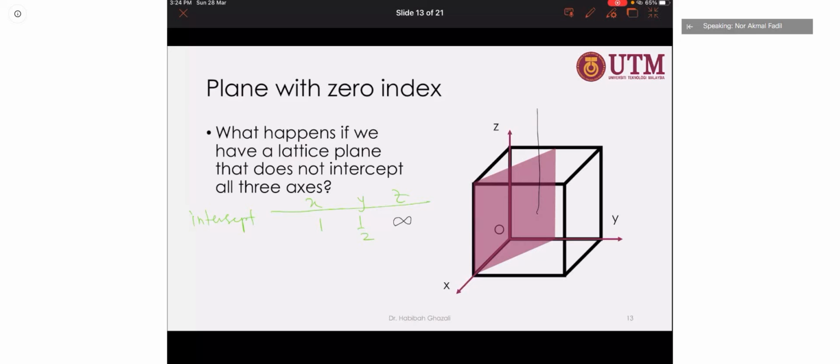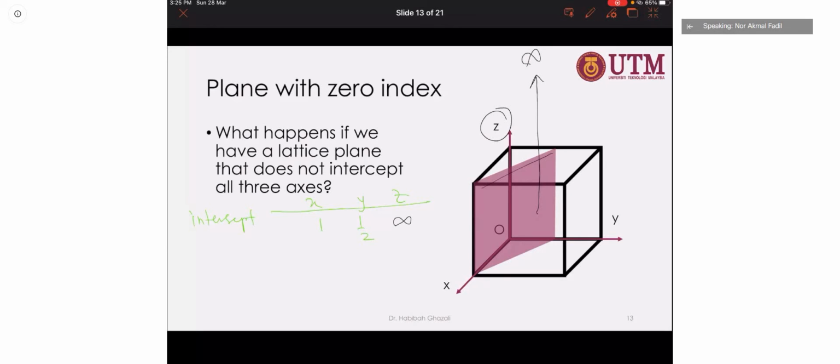This plane seems parallel to the z direction. But it's actually not really parallel. Somehow it will intersect because of this cube.